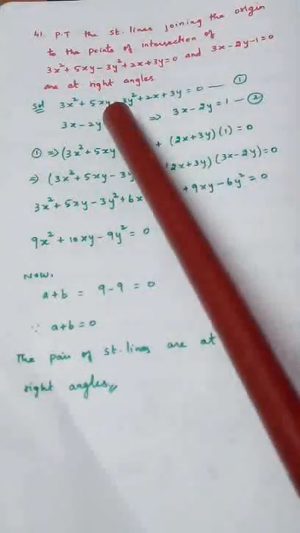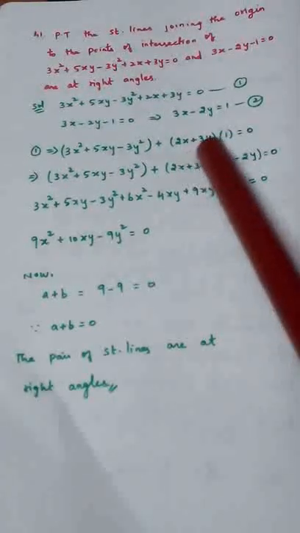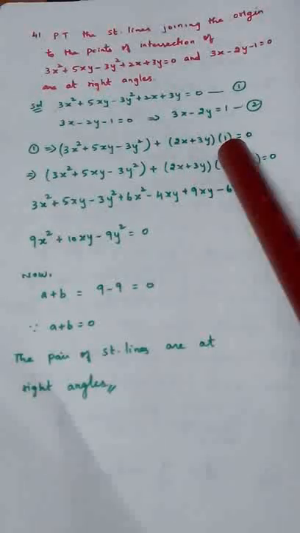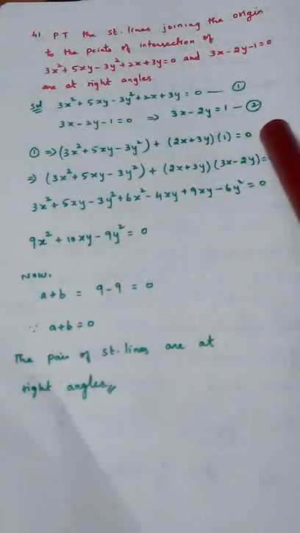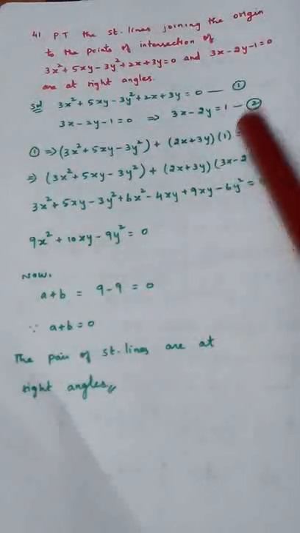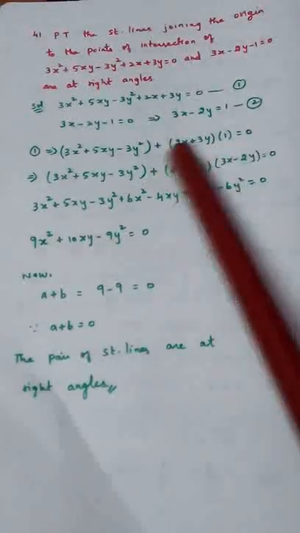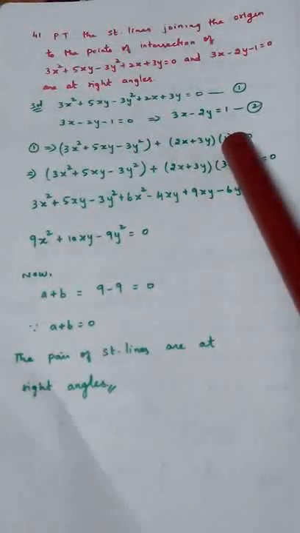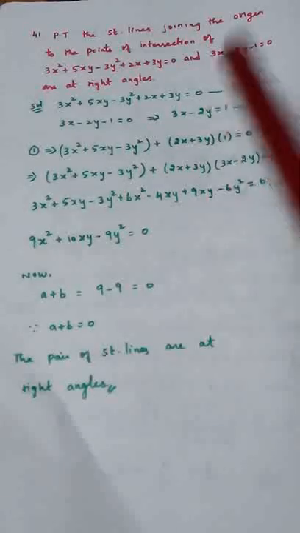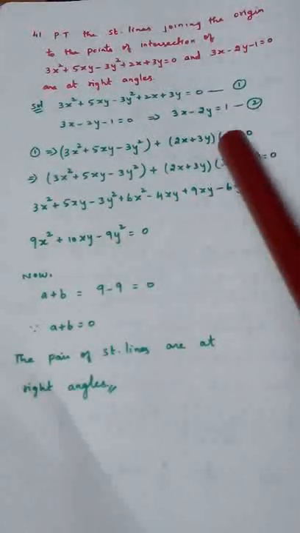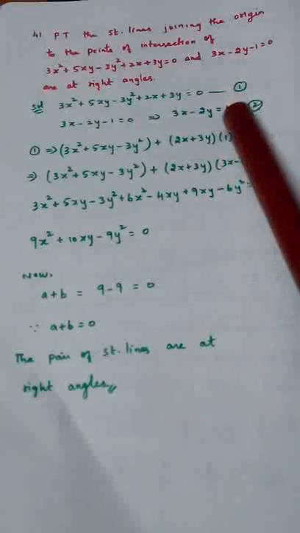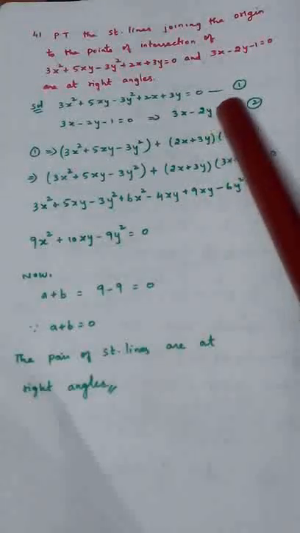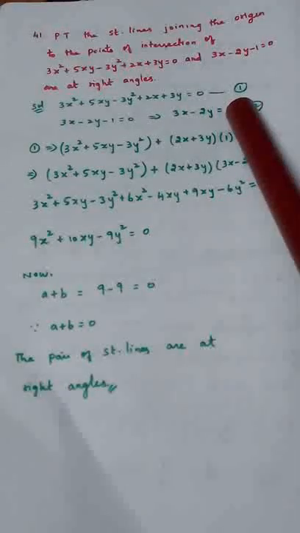Nothing wrong in it, because when we remove the bracket, the same will come back. So 2x plus 3y, but in place of just writing equal to 0, I am putting into 1 equal to 0. Again into 1 means the same 2x plus 3y will come. But in place of this 1, I am going to use this formula, that is the second equation. Hope you will understand.